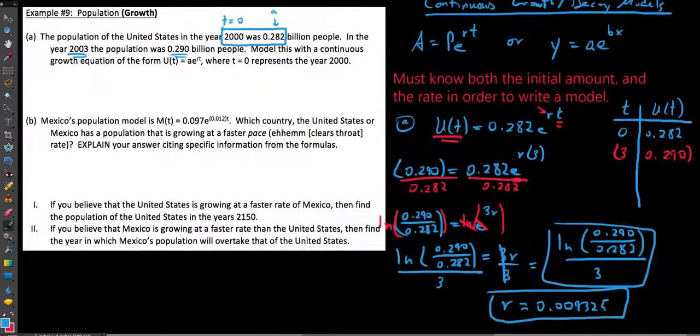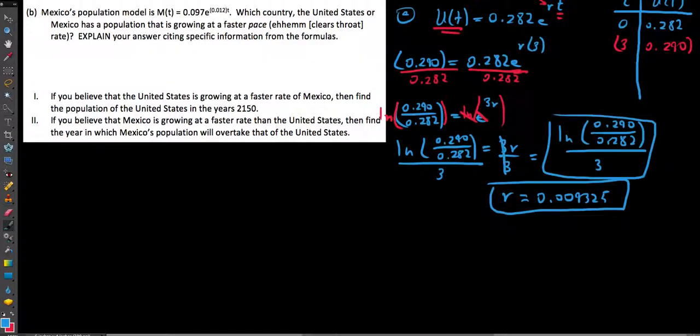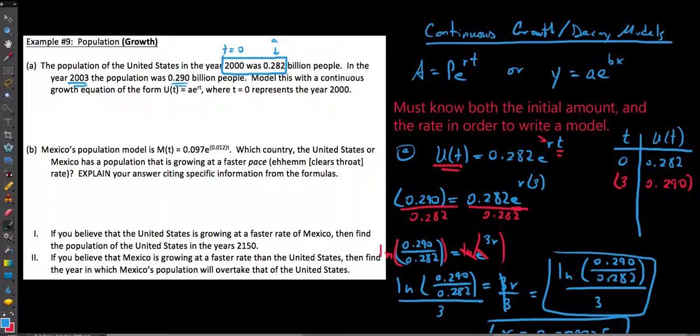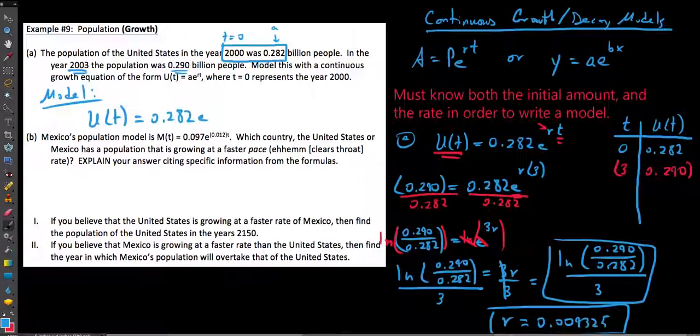And so I'm also going to scroll down and say, well, then for part A, our job was to write a model. We can actually go ahead and write our model now, and maybe I don't need to put that down there. I can just put it up here. We say that our model would be the United States population at any given time is equal to the 0.282 billion that it started with, e to the, and we have growth in this particular instance, so I'm going to write positive 0.009325 times the time.